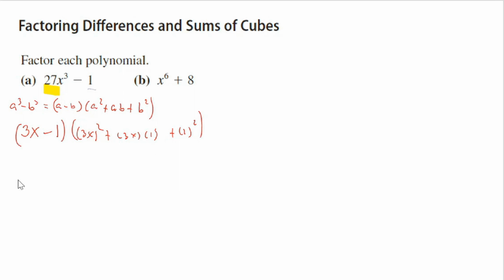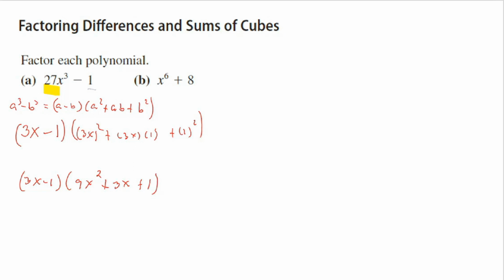Now simplifying that, I'll copy the first binomial, which is the roots of the first and the last term. We have 3x minus 1 times the square of 3x, which is 9x squared, plus 3x times 1 is 3x, plus the square of 1 is 1.